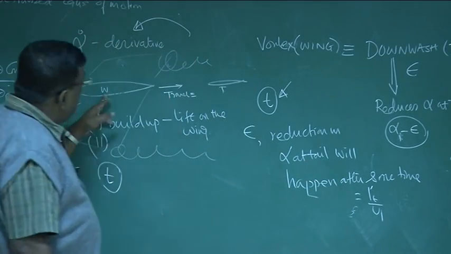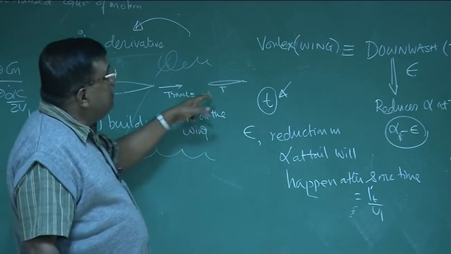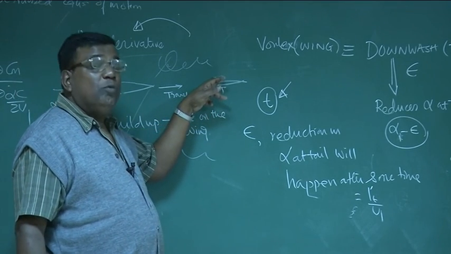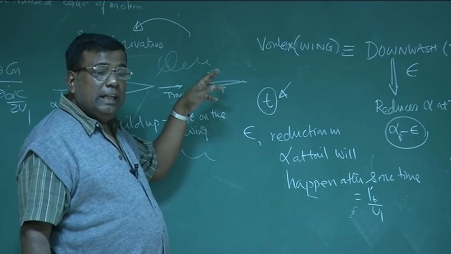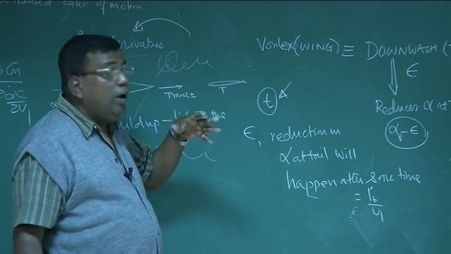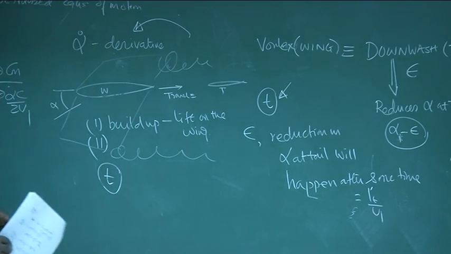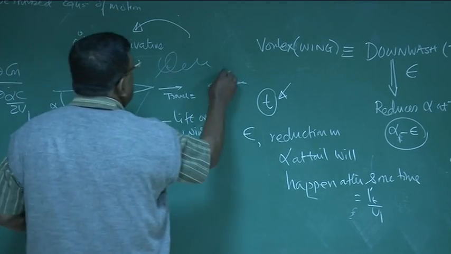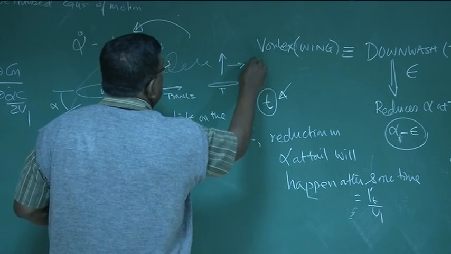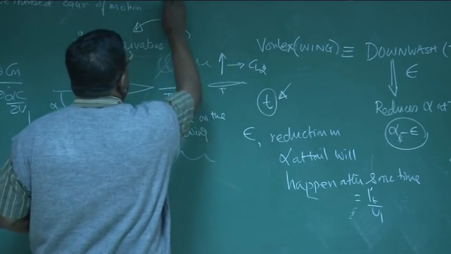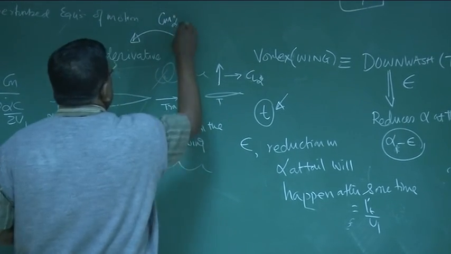So at time t, when I am analyzing, it is practically having more angle of attack than what we were thinking, alpha minus epsilon. That more angle of attack will give a pitching moment down or a force upward. So this will be associated with Cl alpha dot, and this moment will be associated with Cm alpha dot.